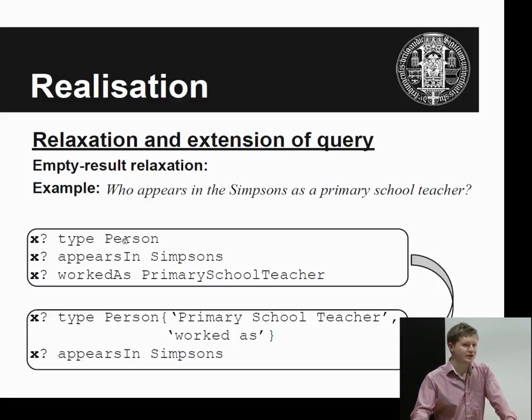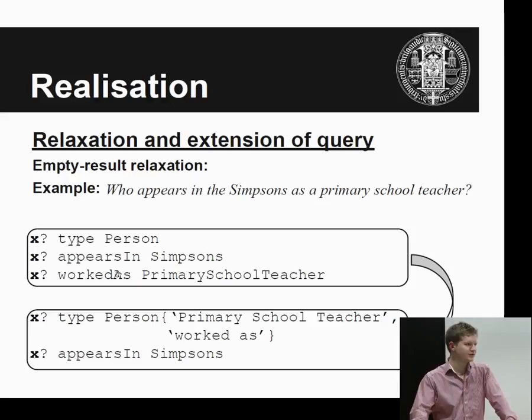At first they take a type triple, which defines which entities we are searching for.